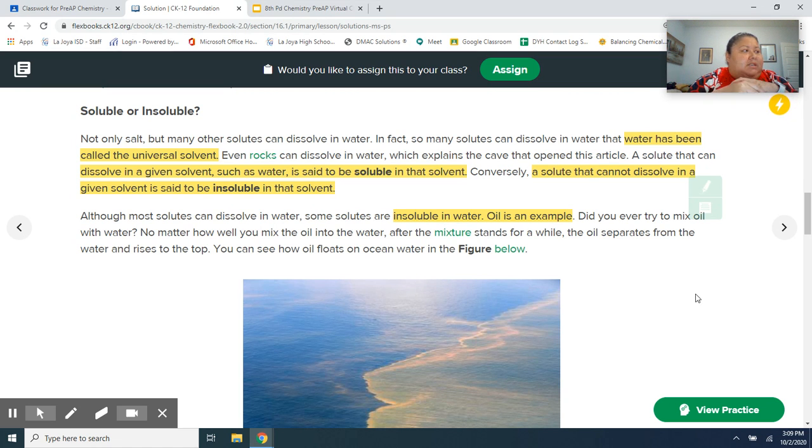There's a lot of examples around your house that you can think of that you dissolve in water to use. What can you think of, guys? Kool-Aid, tea. Tea, Kool-Aid. Okay. What else? Chocolate. Chocolate, definitely.